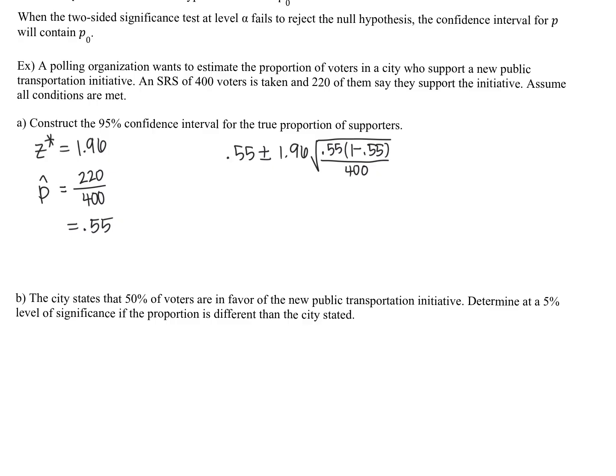So when I go ahead and do my 1.96 times the square root of 0.55 times 1 minus 0.55 all over 400, we're going to get 0.55 plus or minus 0.0488, which gives us the interval 0.5012 to 0.5988. Okay.